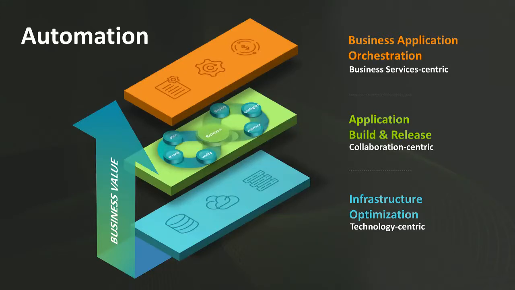If we look at this stack from the bottom up, first I'm looking at config management tools, infrastructure management tools, tools that implement an infrastructure as code approach. These could be tools like Puppet or Chef or Salt or Ansible and a whole bunch of others.